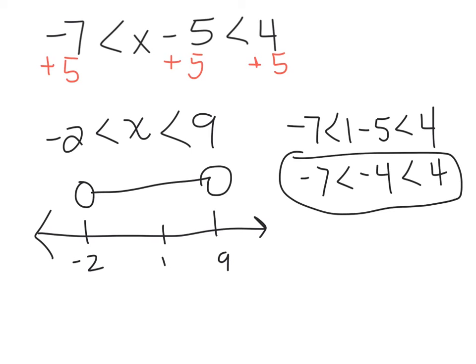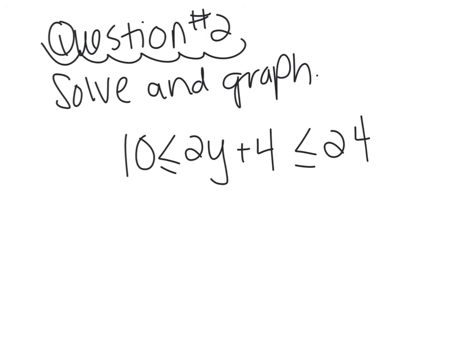This works. So 1 would be a solution to this inequality, and any number between -2 and 9 would be as well. So go ahead and pause the video again to try and solve and graph this "and" compound inequality.